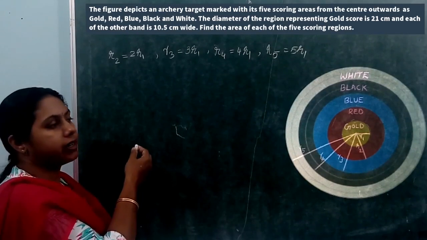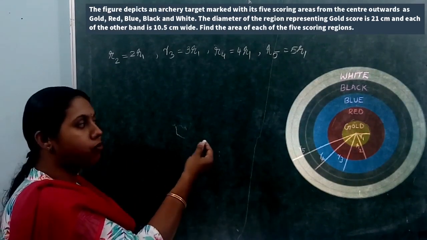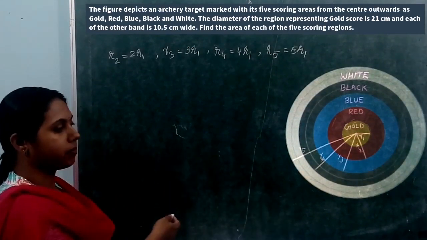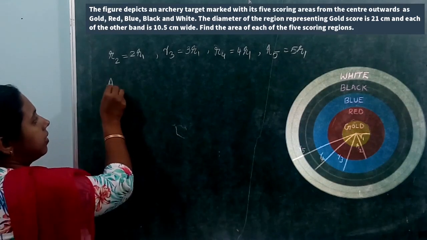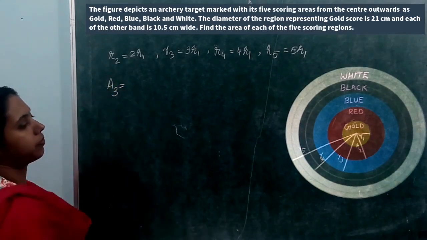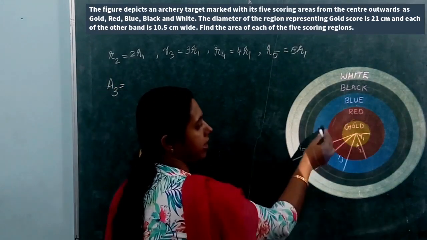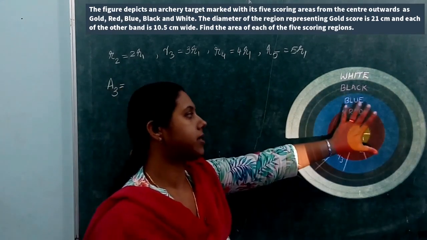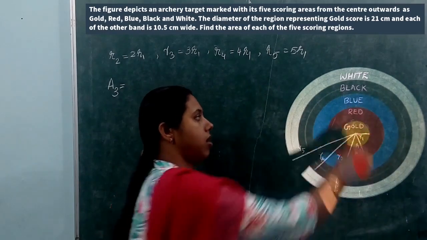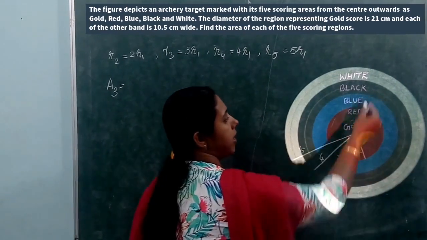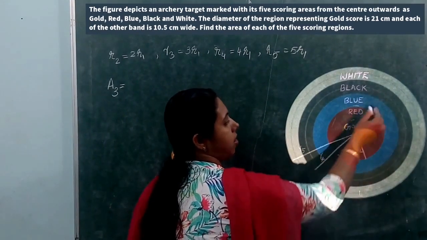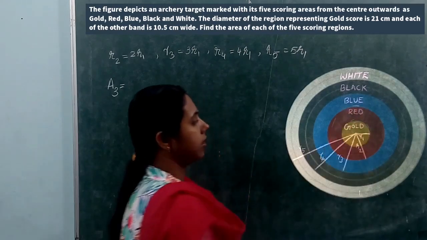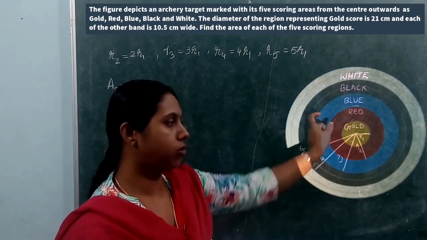Same way we can find the area of the blue region, that is the third region. So A3 is equal to, that means we want to find the area of this blue region only. So the area of the big circle minus area of this whole circle. Then only you will get the area of this blue region.